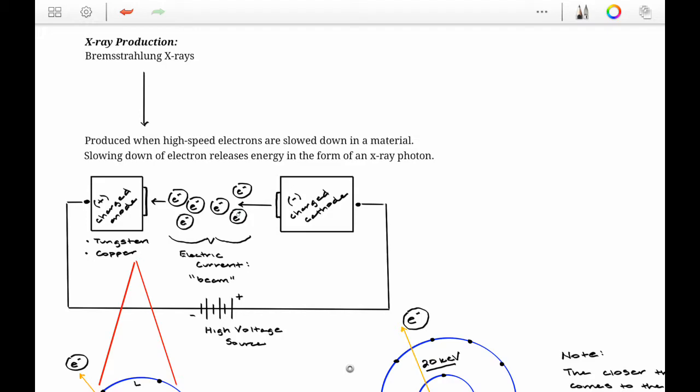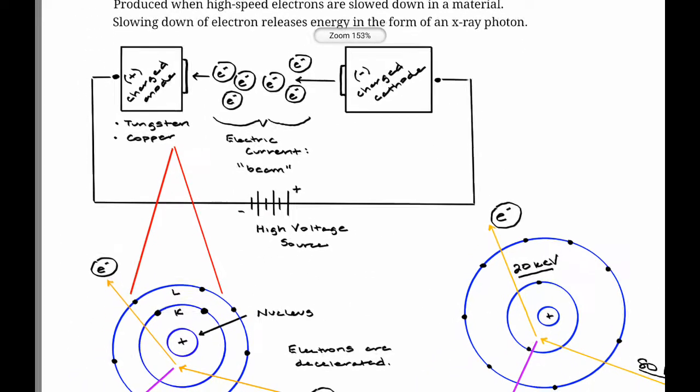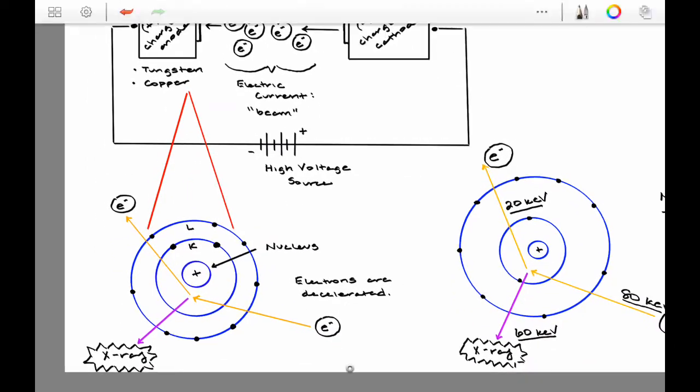When these electrons come into contact with the charged anode atoms, I'm going to zoom in on this diagram below, you can see that the electrons are going to change course. That's because these electrons are slowed down in the material, and that's what causes the production of the X-ray.